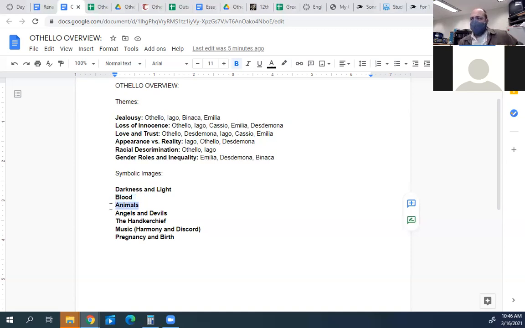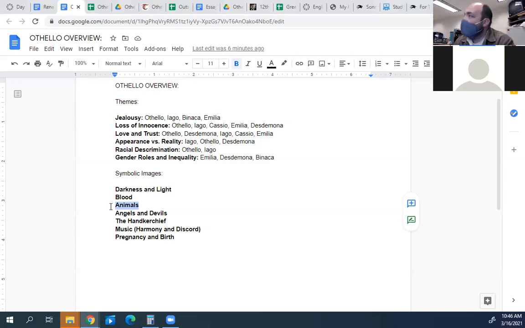Animals. There are a ton of animal images in Othello. The person who uses animal images the most is Iago. He is the antagonist, and he does it in a couple of different ways. First off, he likes to compare other characters to animals.